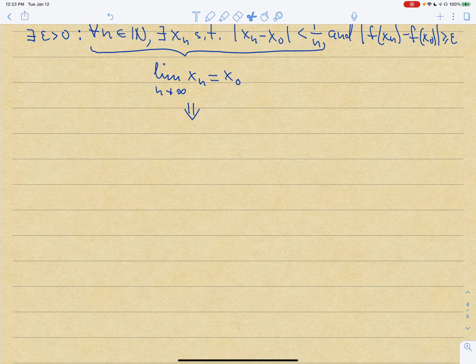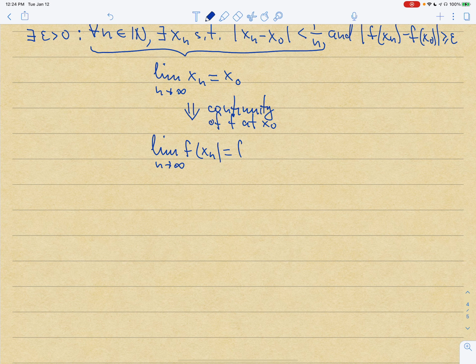So therefore, by continuity of f at x0, I get that the limit as n goes to infinity of f of xn is f of x0, which I assume to be true in this case. All right, so that's fine.